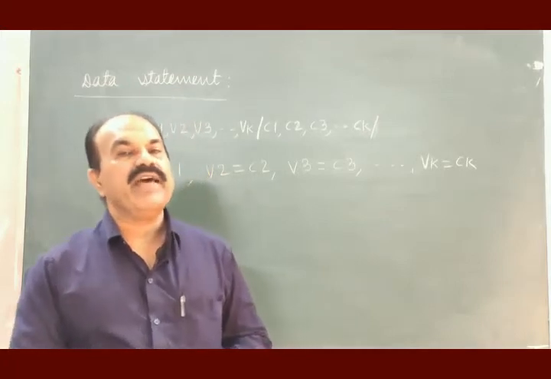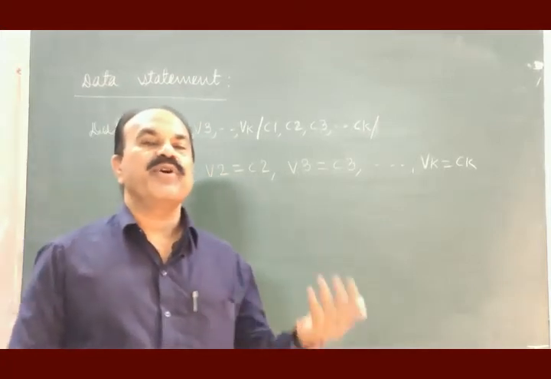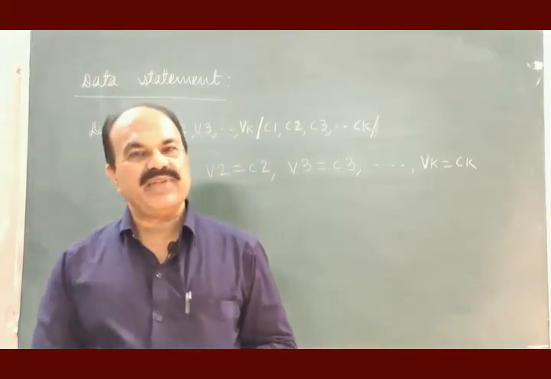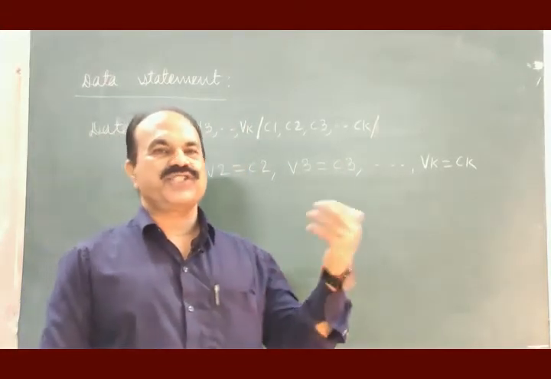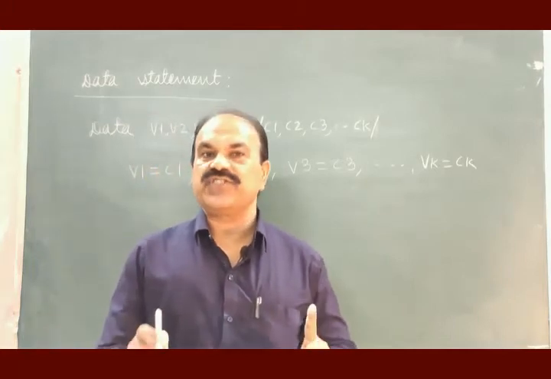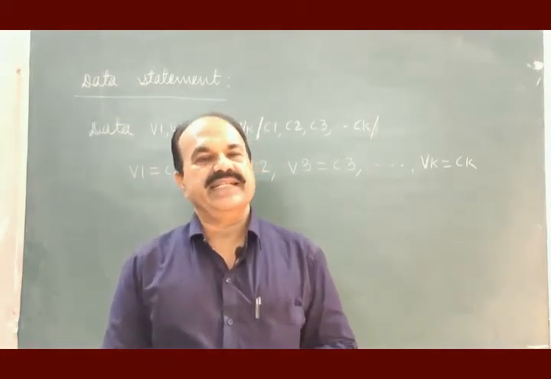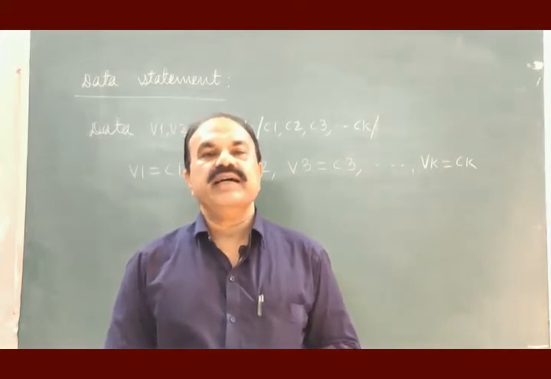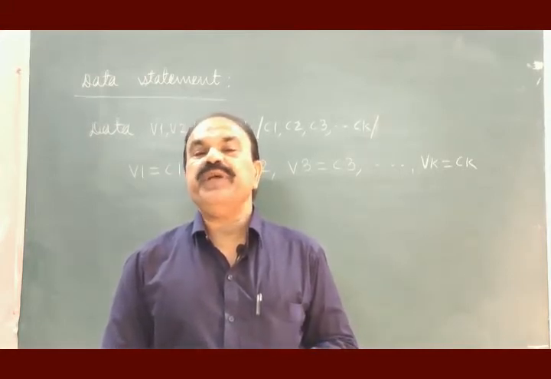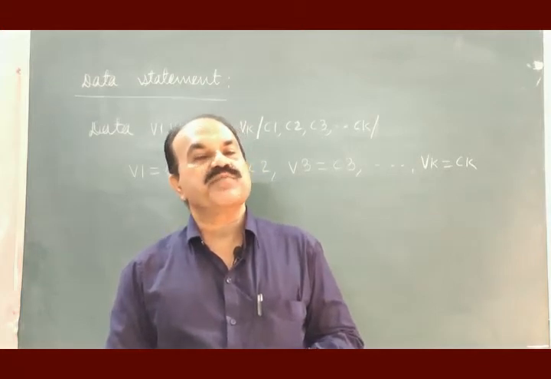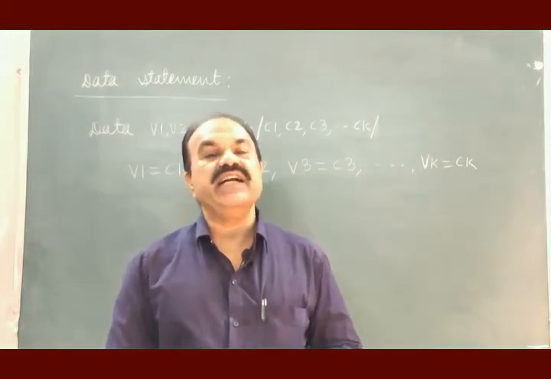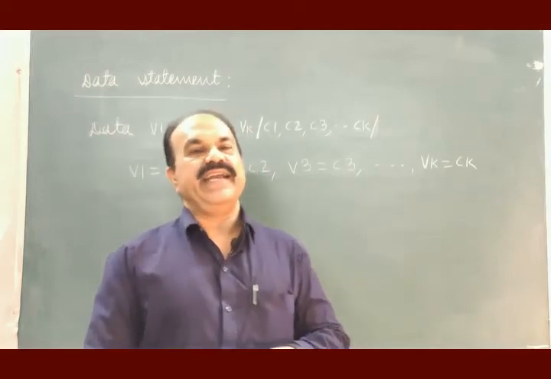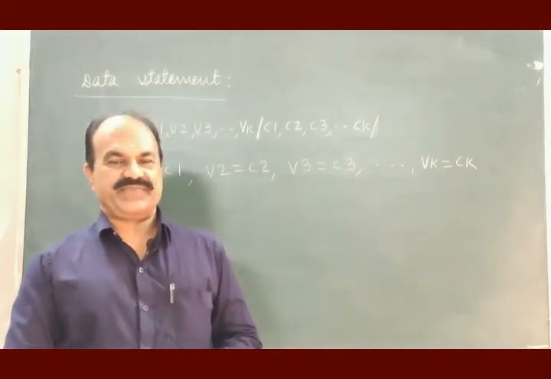If number of variables are 5, number of constants should be 5. If number of variables are 10, number of constants should be 10. First thing we must understand. Second thing, there should be one-to-one correspondence with regard to type of variables and type of constants.